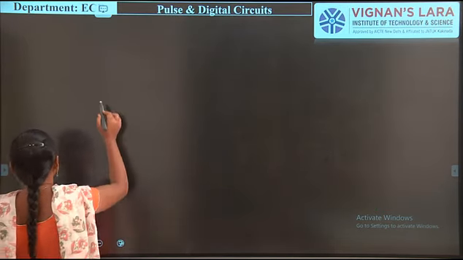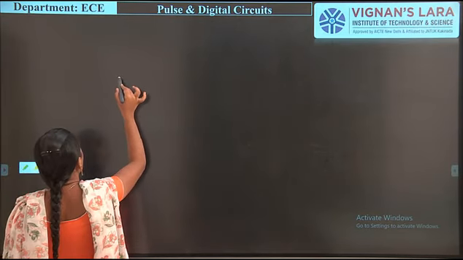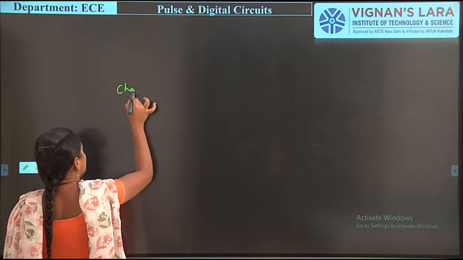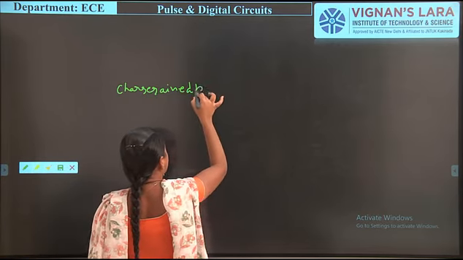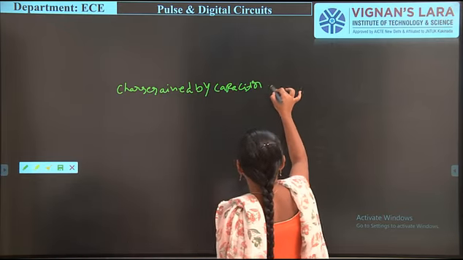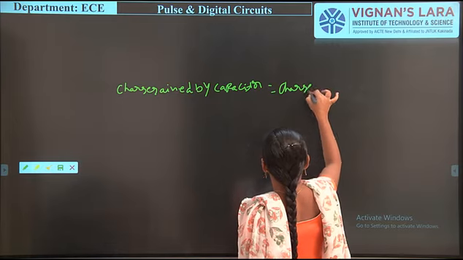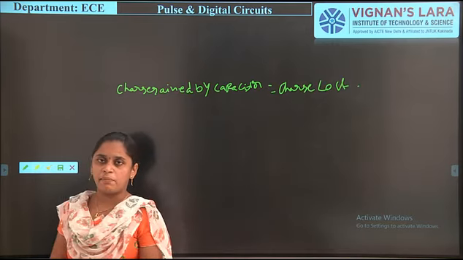So under steady state condition, the charge gained by the capacitor is equal to the charge lost by the capacitor. What is the charge gained by the capacitor?